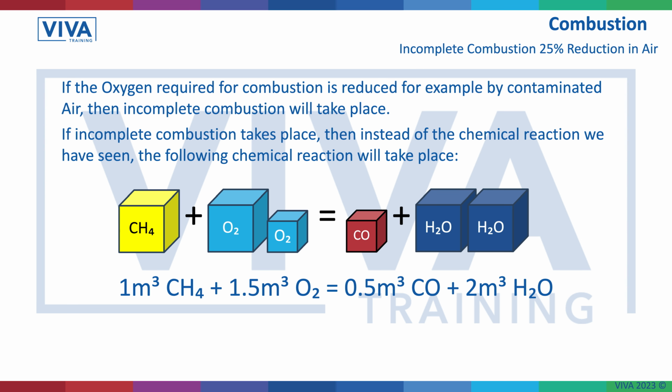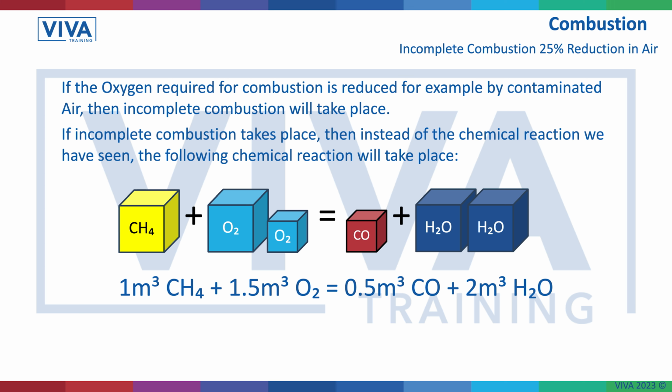However, if we reduce the amount of air coming in, so reducing the oxygen level or the air level by 25%, we're going to reduce the amount of oxygen we've got to use. So our 1 cubic metre of gas would only use 1.5 cubic metres of oxygen. So we haven't got enough oxygen left over to give us complete combustion and carbon dioxide.